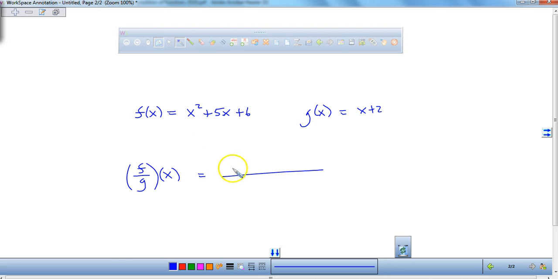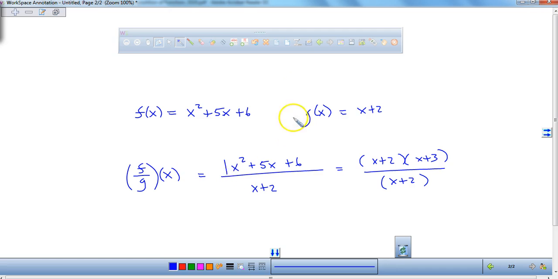Then you could take f of x, place it over g of x, and factor it. Common factors: x plus 2, x plus 3. If you don't know how to factor, it's really simple. It's just like what two numbers add up to 5 but multiply together to equal 6. I'm just doing that because the coefficient in front of this is a 1, and that makes it very easy. But you can see that these would cancel out, and so f divided by g of x would equal x plus 3.